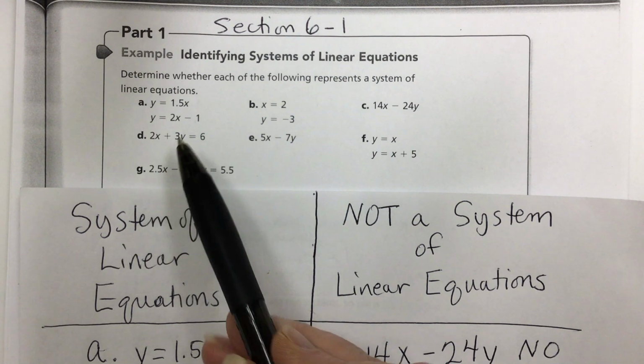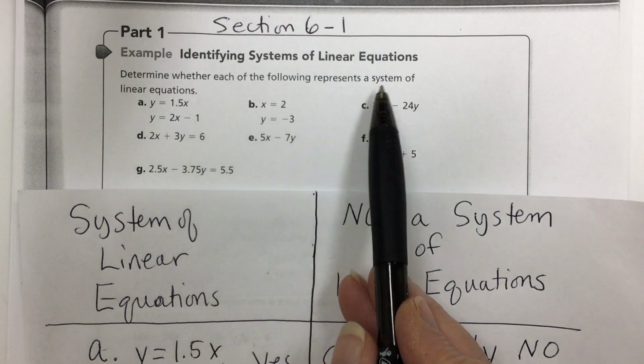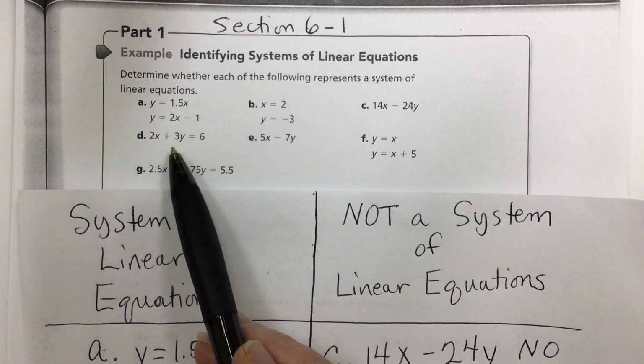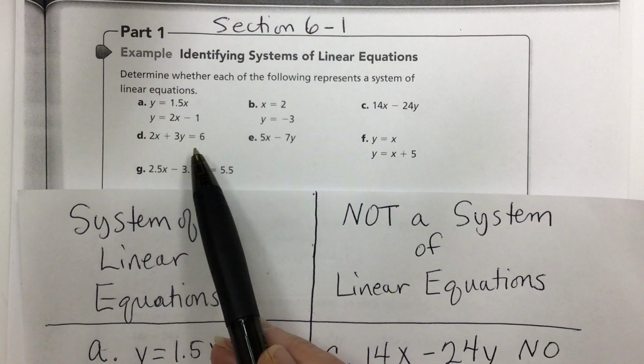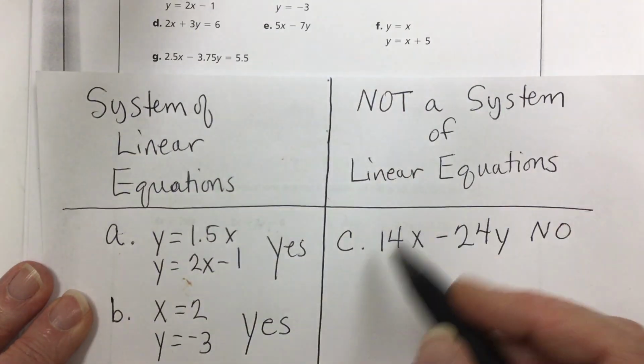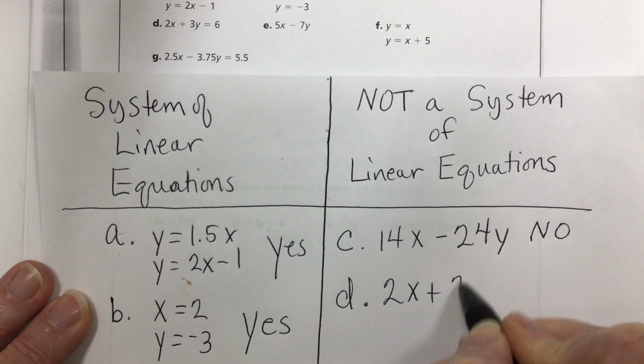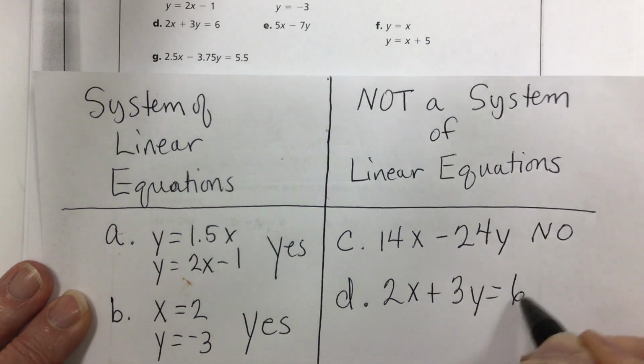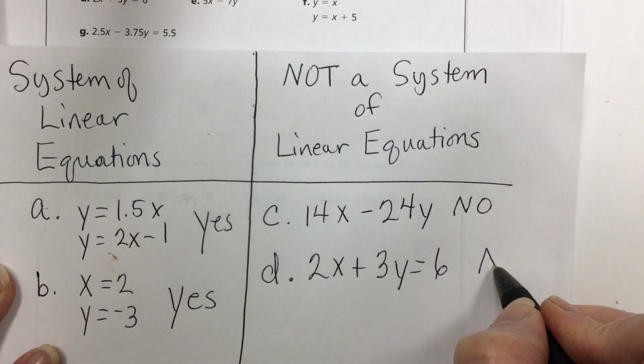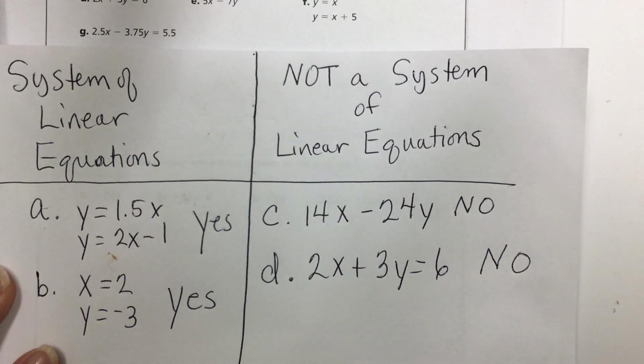So yes, this is a linear equation, but to have a system, you have to have two linear equations, and we do not have two linear equations. Therefore, D is not a system because I do not have two linear equations. So D, again, would be no.